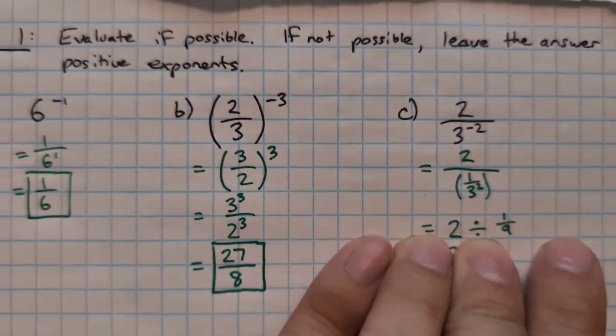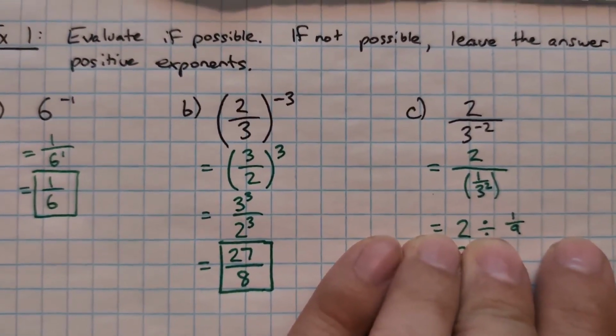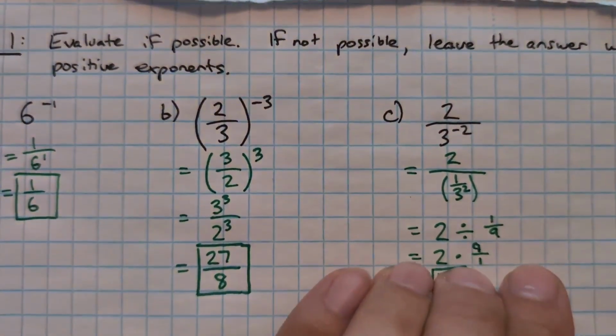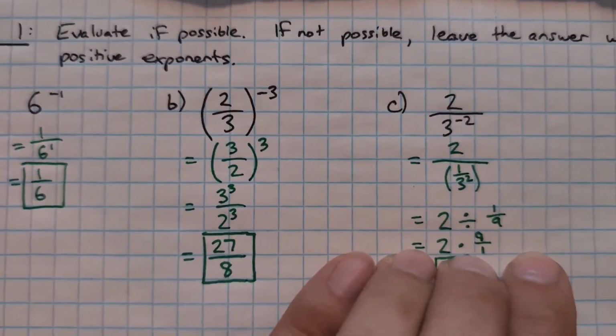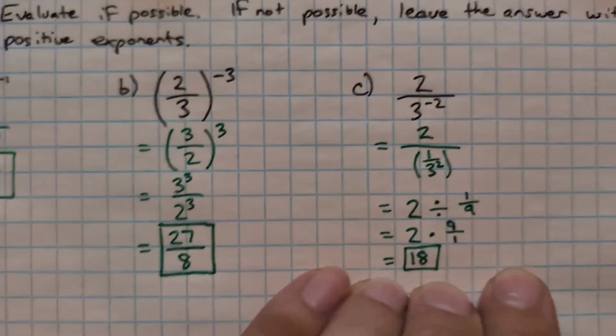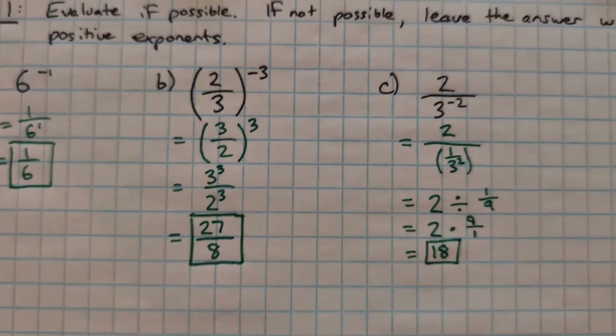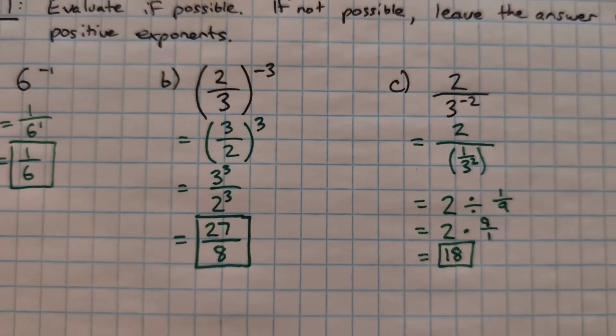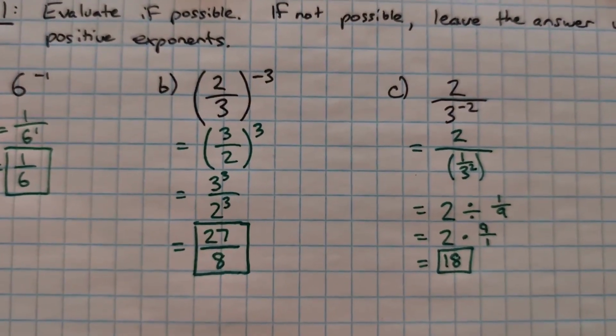So that way we can see it's 2 divided by a fraction. If we remember fraction rules, you divide by a fraction, it's the same as multiplying by the reciprocal. So 2 times 9/1 is 18, or 18/1. So yeah, I've shown more steps than probably you might have to, but just to try to show how that's broken up here.